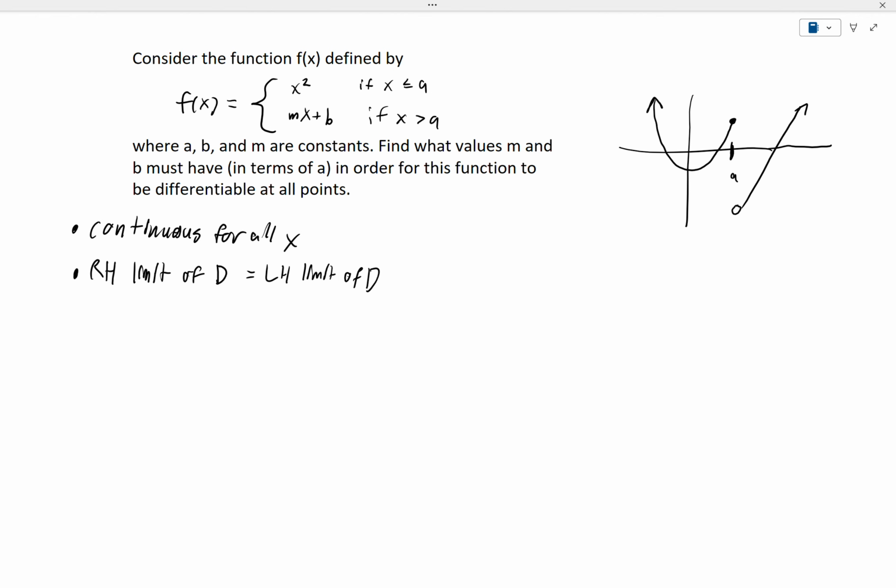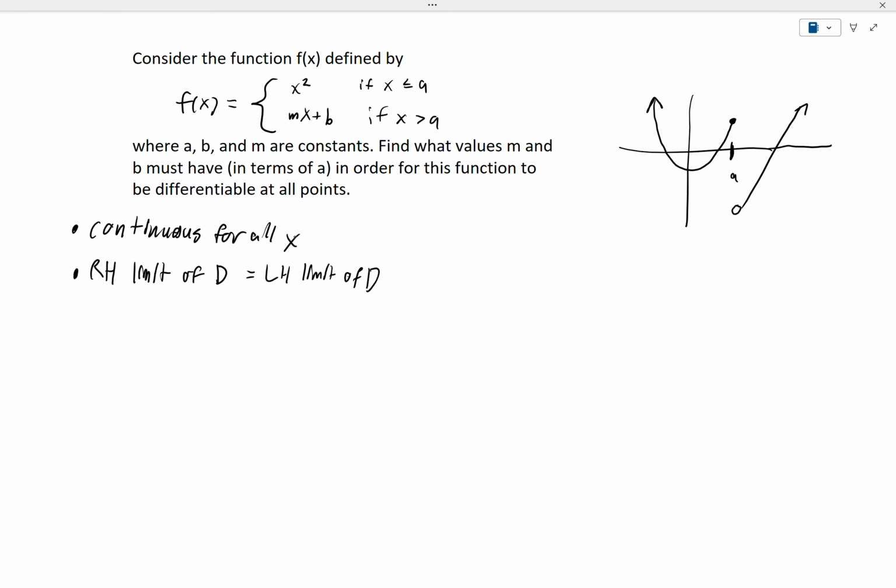You need to have the same limit coming from the left side and the right side of the derivative. If you do, that means that the rate of change coming from the left to right is equal, so it's a smooth point. If not, it's going to be a sharp point, and you can't take the derivative at a sharp point. So these are the conditions for this function to be differentiable, and we want the function to be differentiable at all points, so we need to make both of these true.